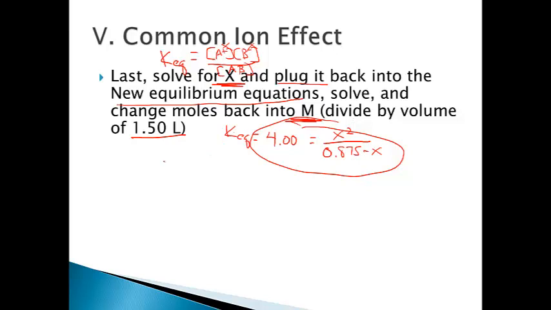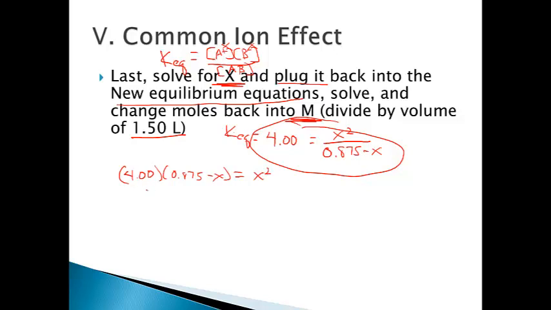Okay, cross multiply, and you will come out with 4.00 times 0.875 minus X must be equal to X squared.